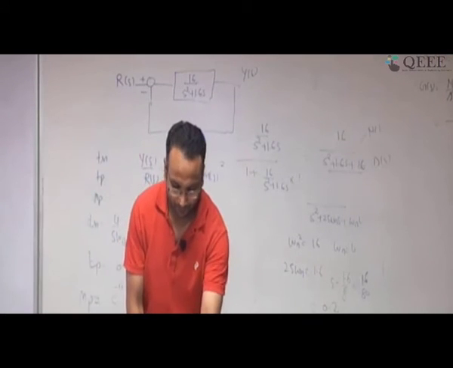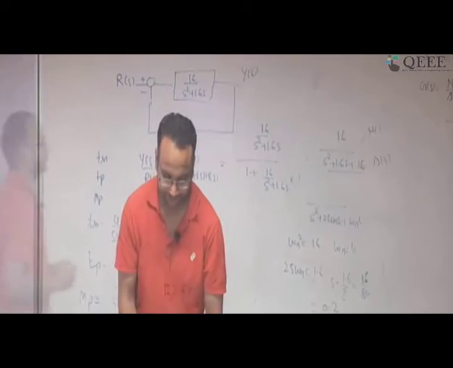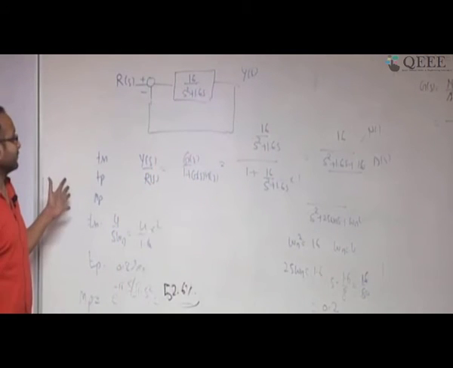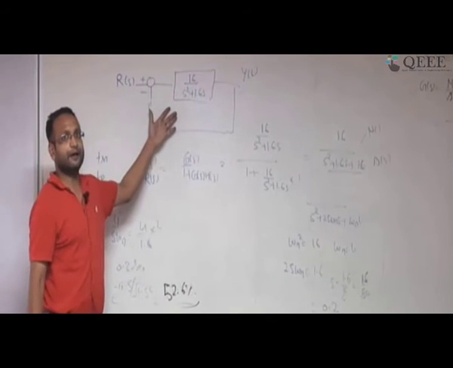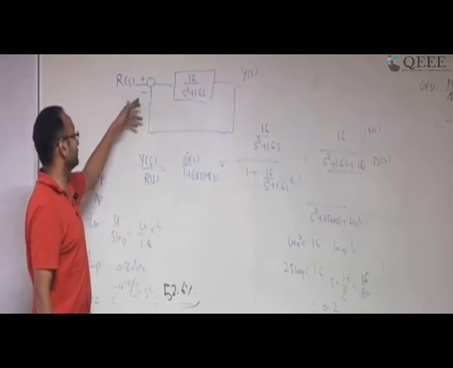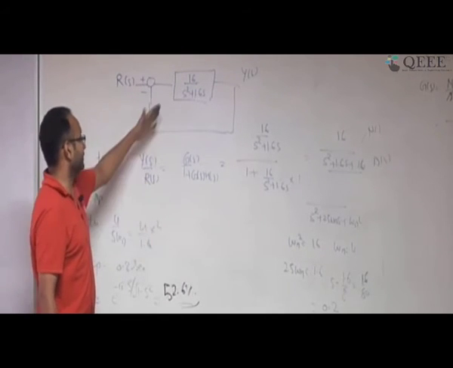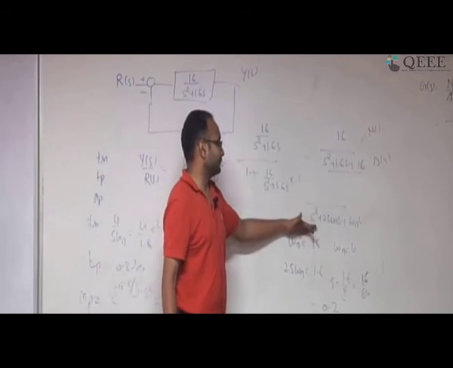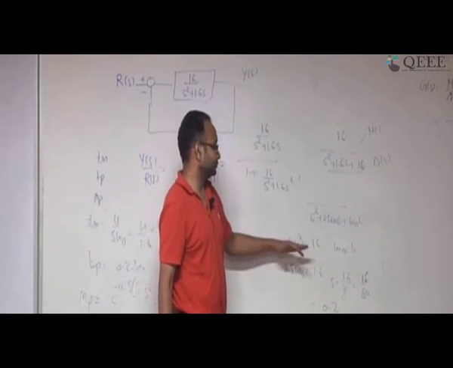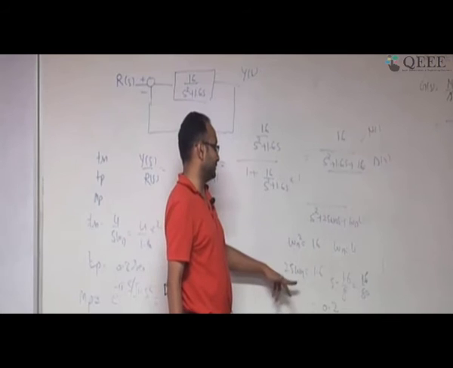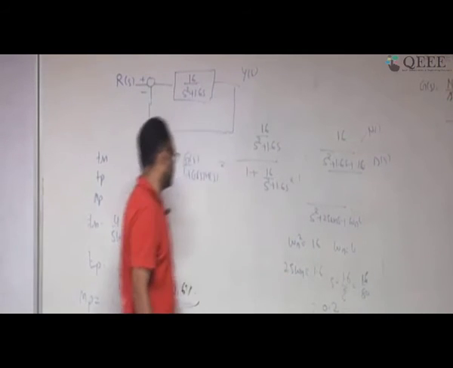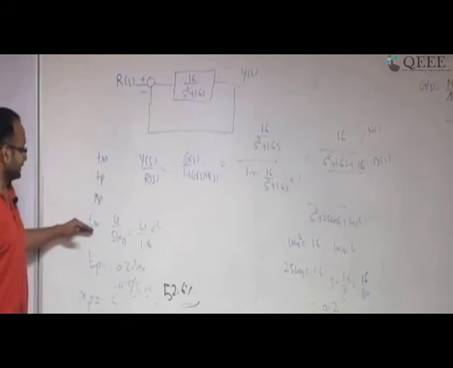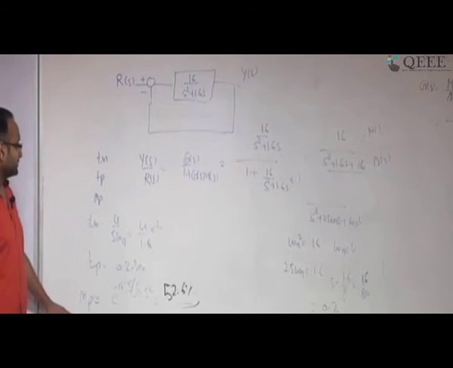I got 52.6%. Is that clear? This is a numerical way of solving. I have a unity feedback control system, a negative feedback system, and I solved this transfer function. Then I compared it with the standard equation. This is a second order system, so I know the undamped natural frequency. Then I have to find out the damping factor. With these parameters, I can find out settling time, peak time, and maximum overshoot.